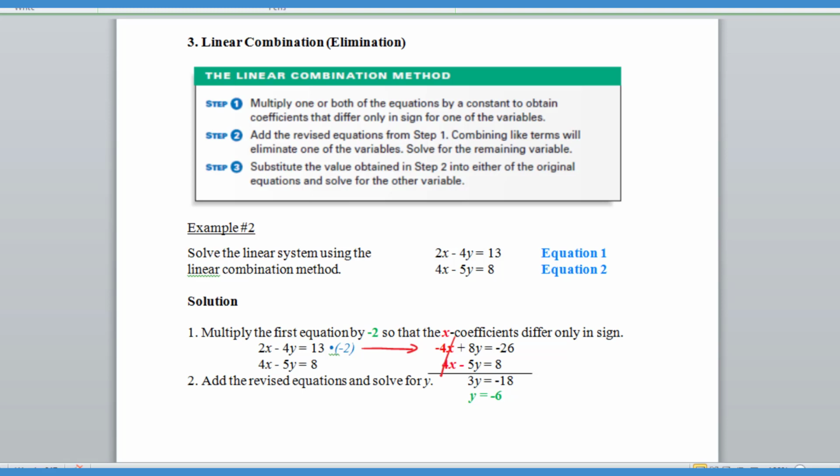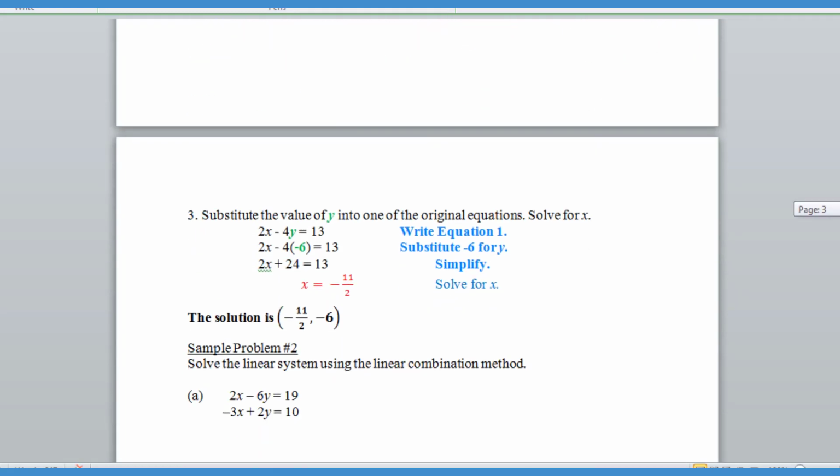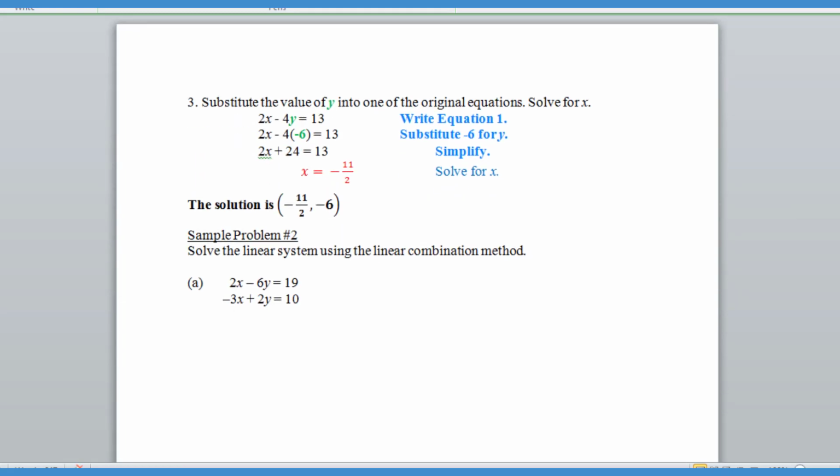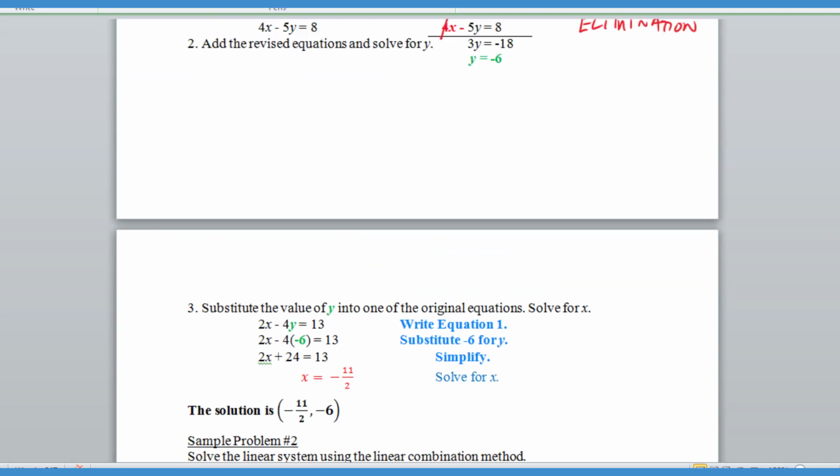Now the interesting thing about here is this is technically elimination. Once I've got it down to a variable, y equals a certain value, we're actually going to use the substitution process on the back end of this. And so you can see here in the third step, we're going to use substitution by taking the -6 from the previous one of y and replacing the y with -6 so that we can come up with our x value.